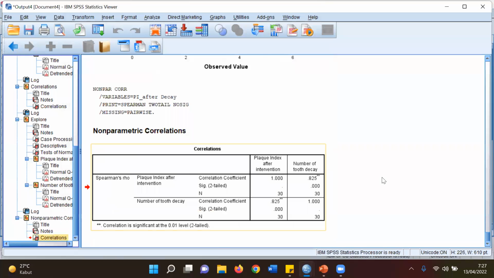Go to the correlation results. Here you can see that the significance is below 0.05, meaning that there is a significant correlation between plaque index after intervention and the number of tooth decay, showing quite a high correlation of 0.8 because it's quite near to 1. So done. We have done the Pearson test and the Spearman correlation test.